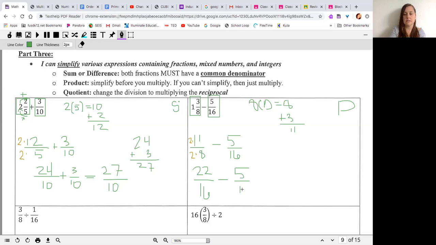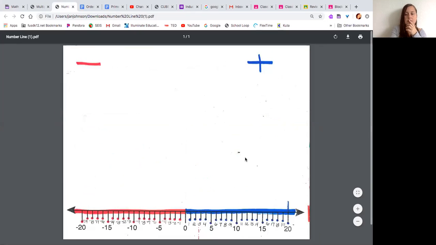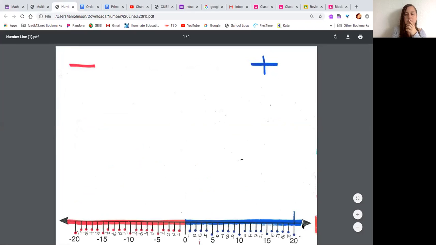over 16. So the number chart doesn't go to 22, but I can add a couple extra numbers on there, can't I? So let's see. I'm going to put 21 and 22.